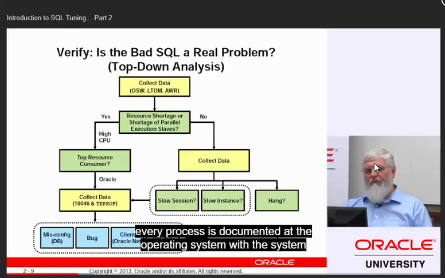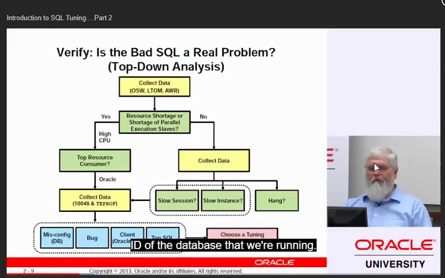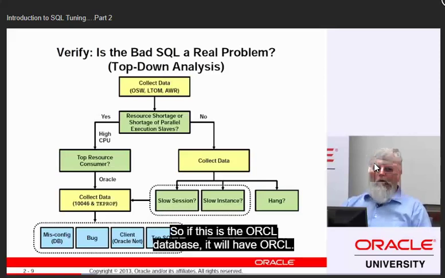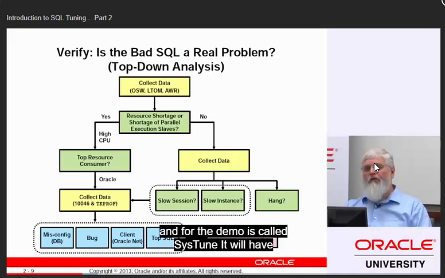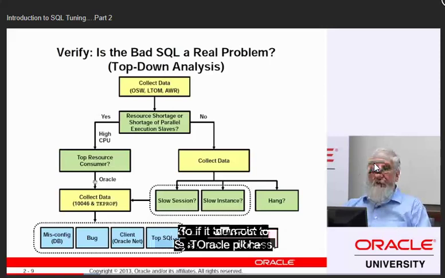In our case, we're using a database in the practices and for the demos called systune. It will have systune as the name of the database. So if it turns out to be an Oracle process, then we need to find out why they're using the resources, and maybe the problem for those processes is with the SQL statement.